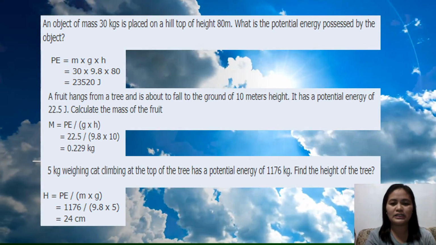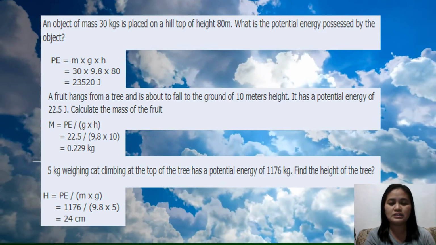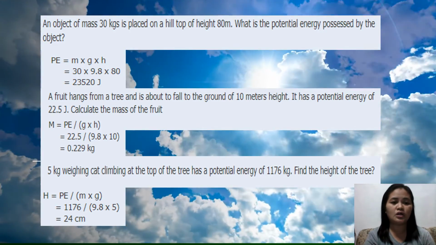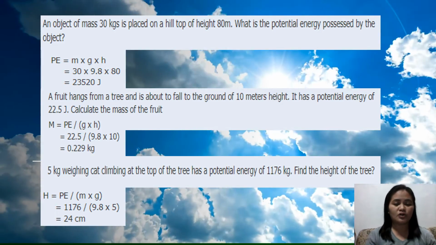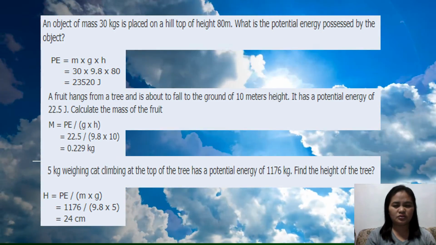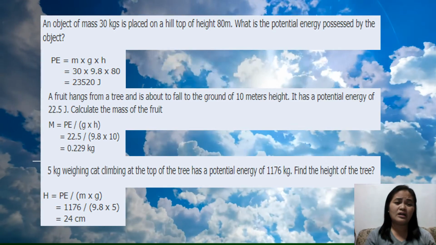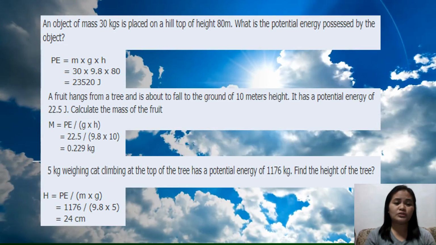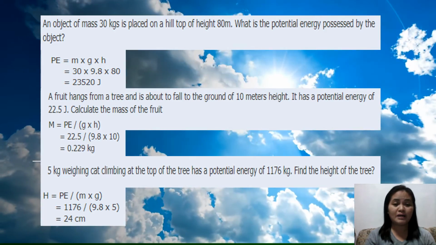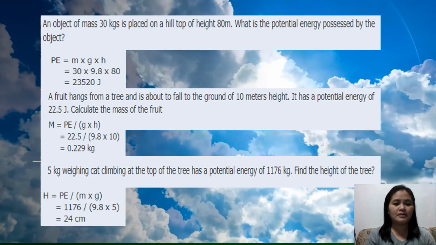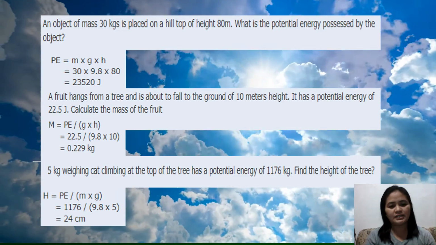Gaano kataas? 10 meters from the ground. It has a potential energy of 22.5 joules. What is the mass of the fruit? Gamitin mo yung formula. M is equal to potential energy over, meaning divide. PE divided by G times H.